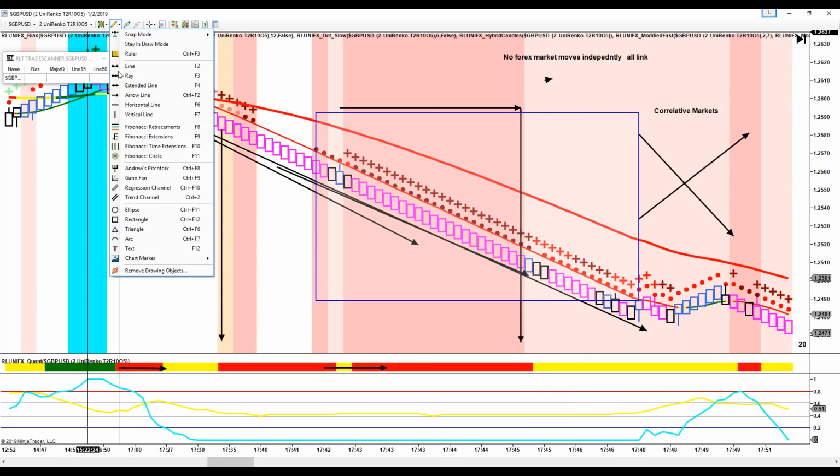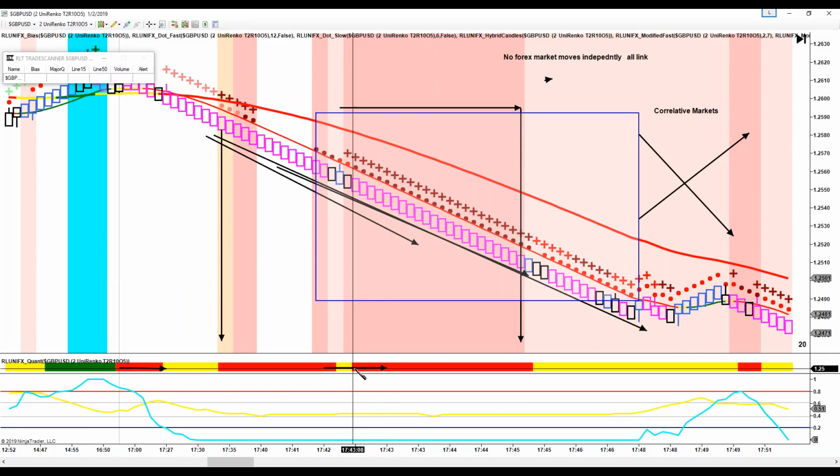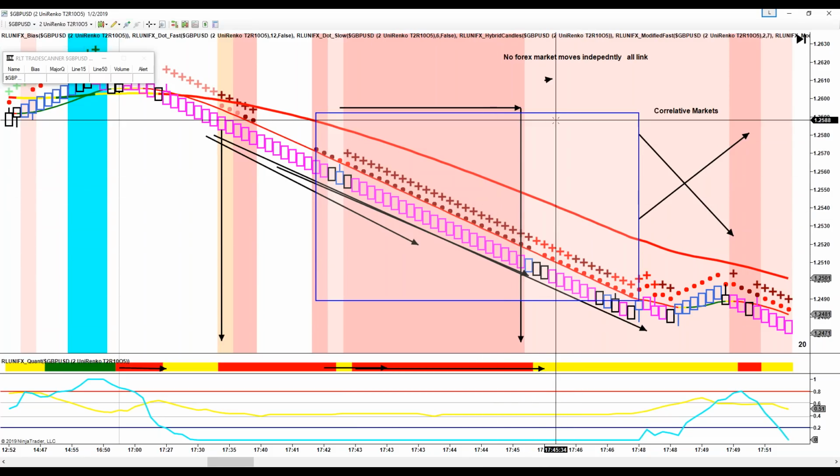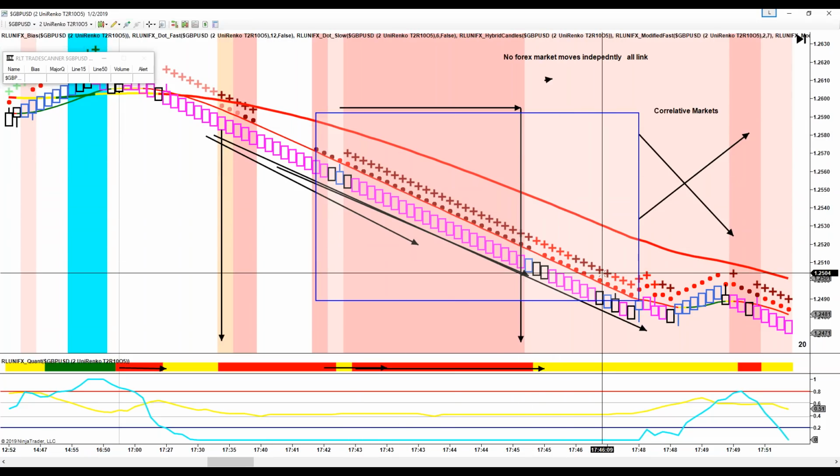This is simply looking at a moving average. That's all. It's not looking at the position of the market, whether it's above the 50, below the 50, i.e., it's not assessing market structure, whereas these dots are actually assessing the market structure of the correlative markets.